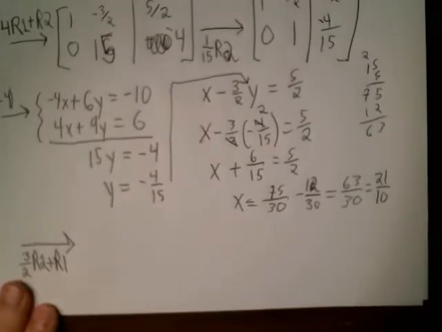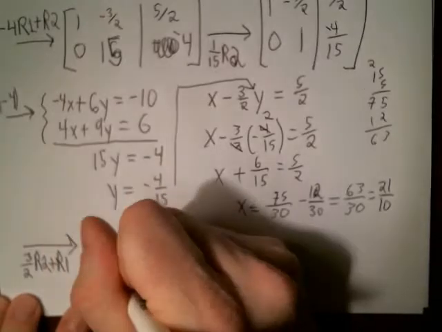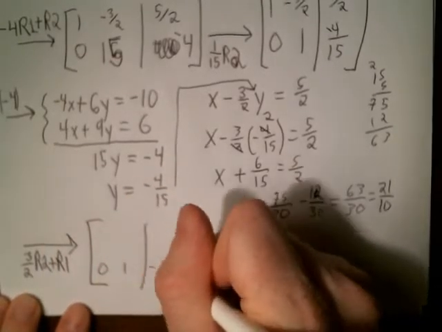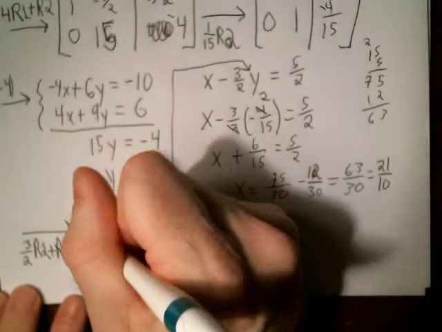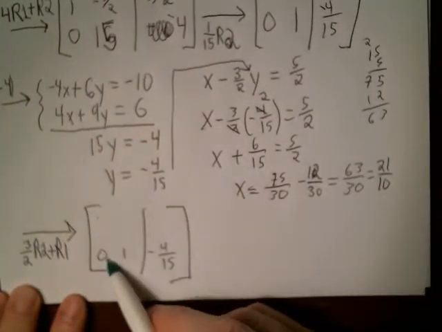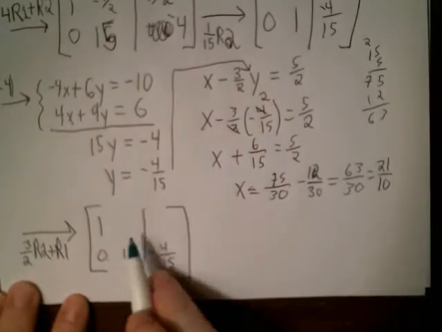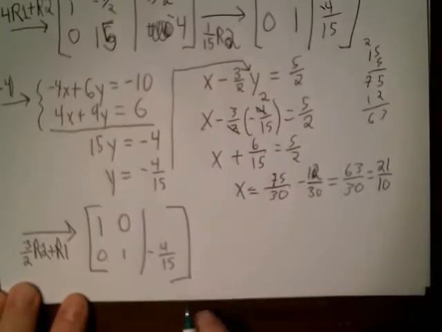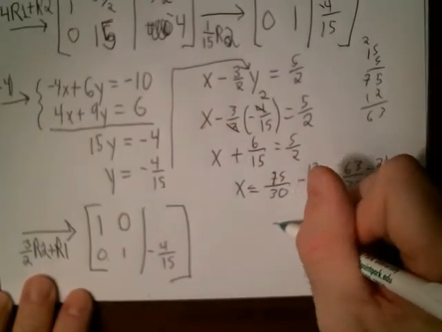Instead of equations, we're going to say rows. So here we'll have 0, 1, negative 4/15. And then through the top, I'll have 0 times 3 halves is 0, plus 1 is 1. And then 3 halves times 1 plus negative 3 halves is 0. And then 3 halves times negative 4/15.